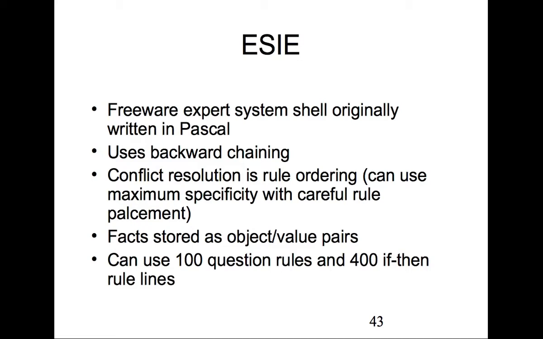There's another software package, a freeware expert systems shell written in Pascal called Ezel, or Ezi, I think it's called. I don't know if it's still around. Python is used sometimes for this because it's using search strategies. List processing, functional programs, Prolog, logic-based programs, all have a rule-based kind of system to them.